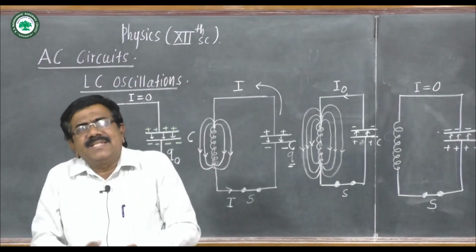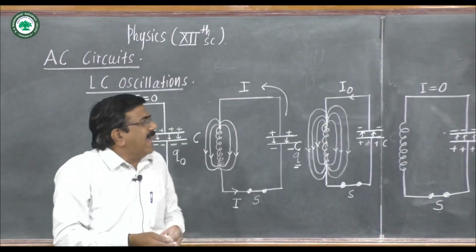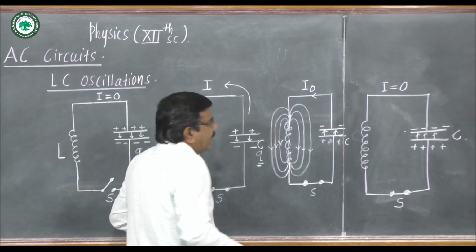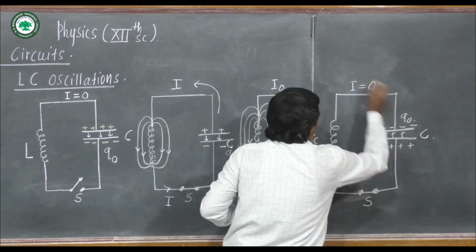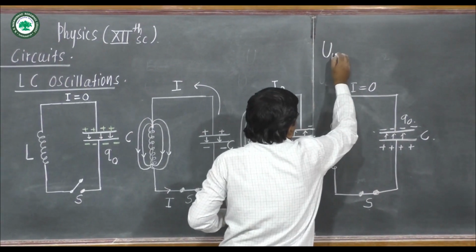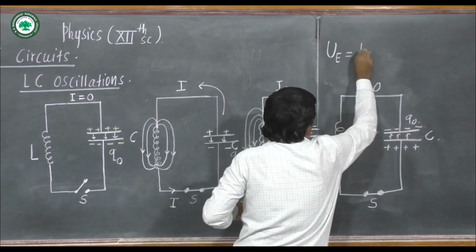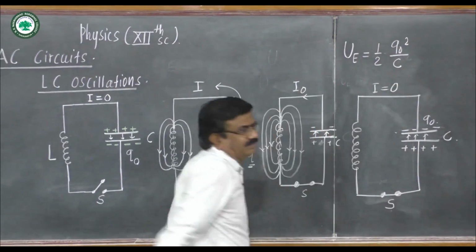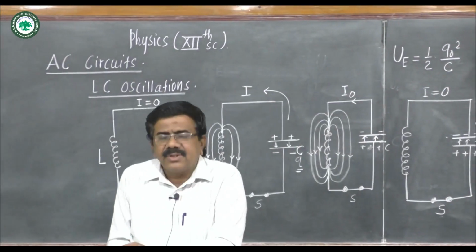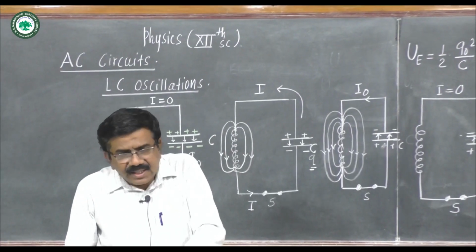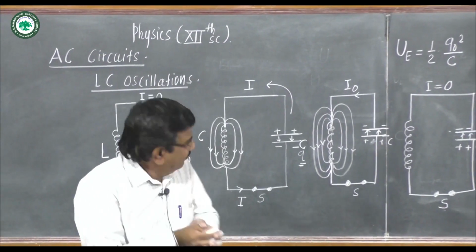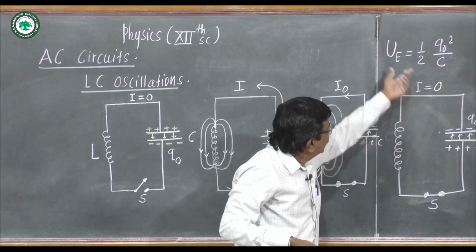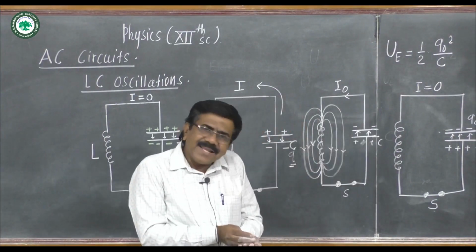The entire energy is again stored as electrostatic potential energy. Here the capacitor is fully charged, so Q0, and the entire energy is electrostatic potential energy, that is 1/2 Q0 square upon C. In the electric field of the capacitor, the total magnetic field energy is converted into electrostatic energy of the capacitor.